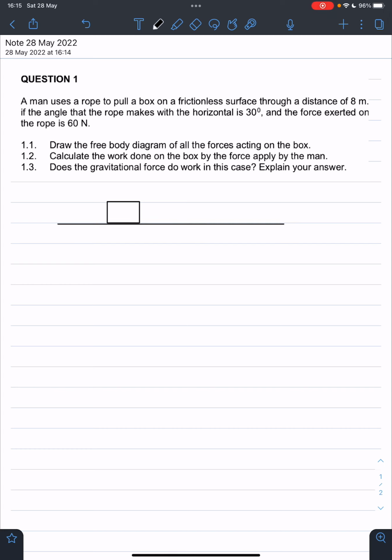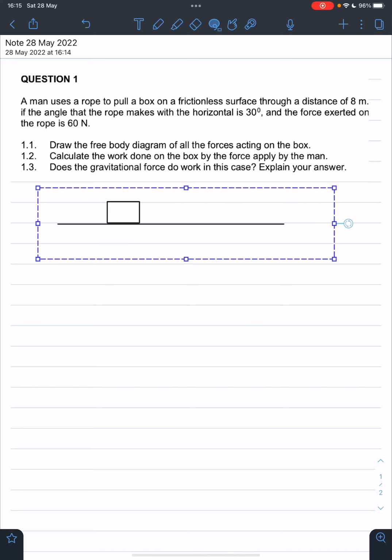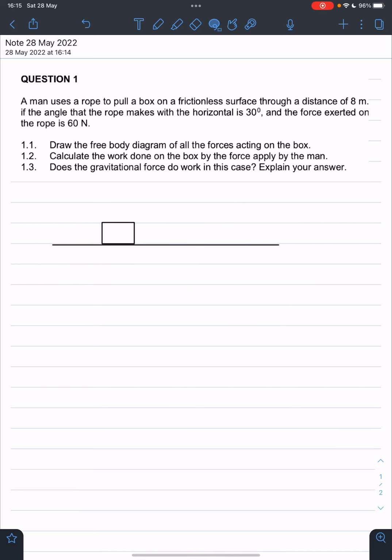They're saying this box is pulled by a rope that has a force exerted, and it makes 30 degrees to the horizontal.